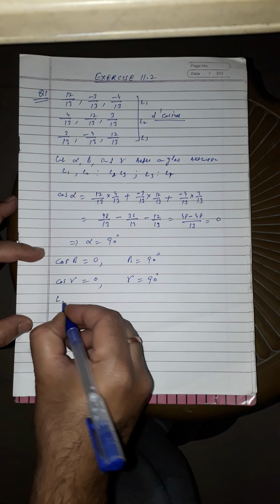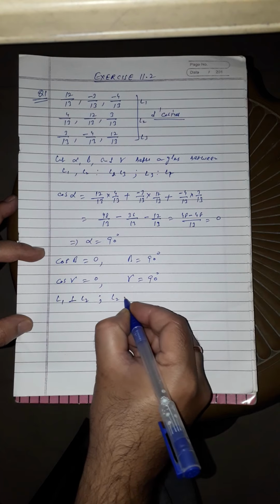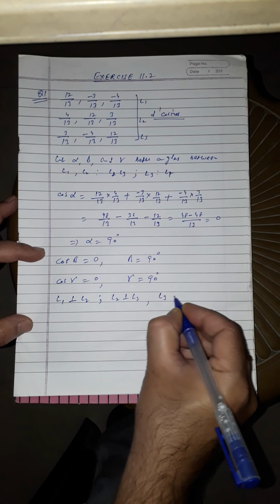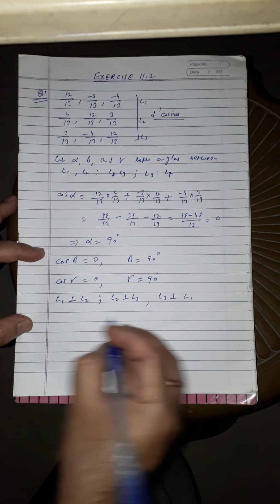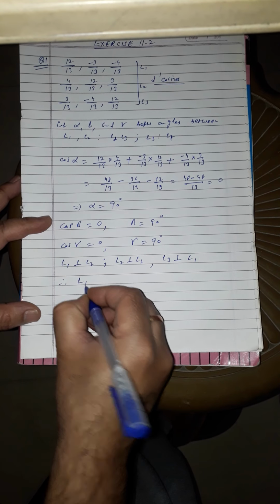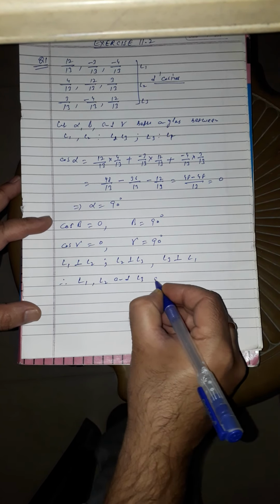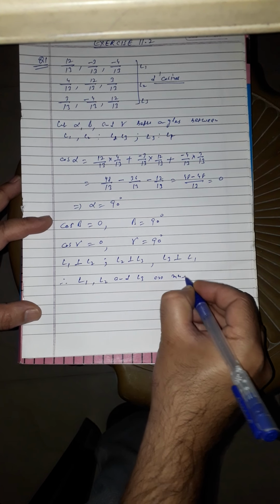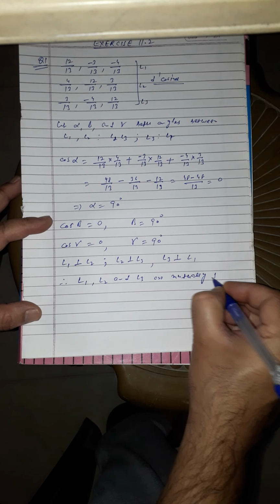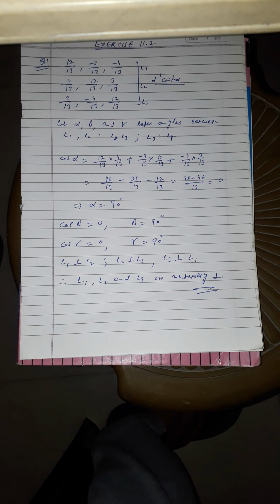Therefore L1 is perpendicular to L2, L2 is perpendicular to L3, and L3 is perpendicular to L1. Therefore you can say that L1, L2 and L3 are mutually perpendicular. So this is the solution of question number 1.